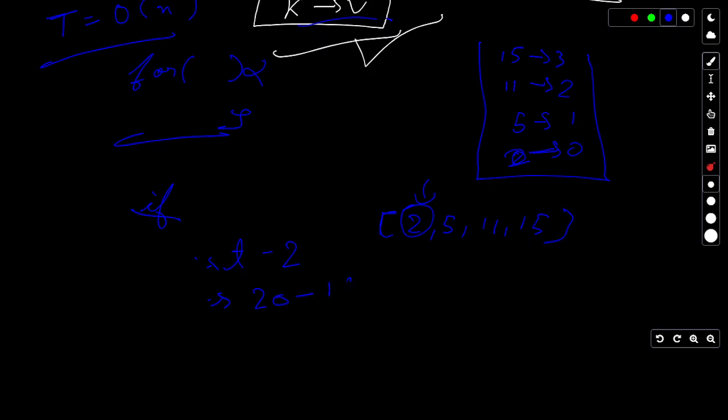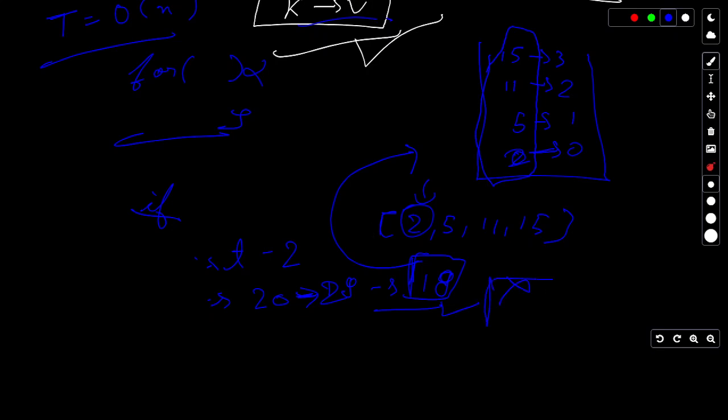Now 20 minus 2 is 18, right? So I will ask this hash map, do we have a key which is having value 18? No, we don't have that. It will tell me no, in a constant time complexity of 1, so that my time will be reduced.